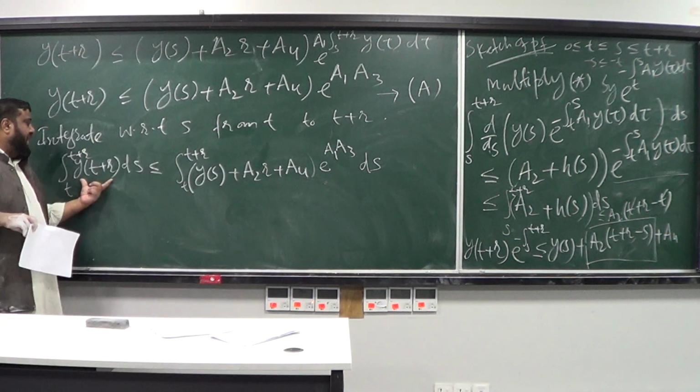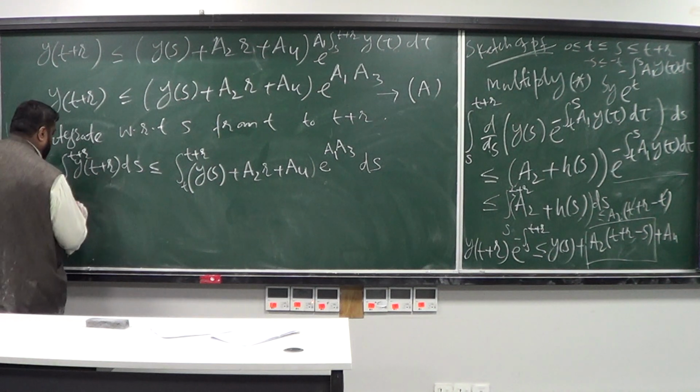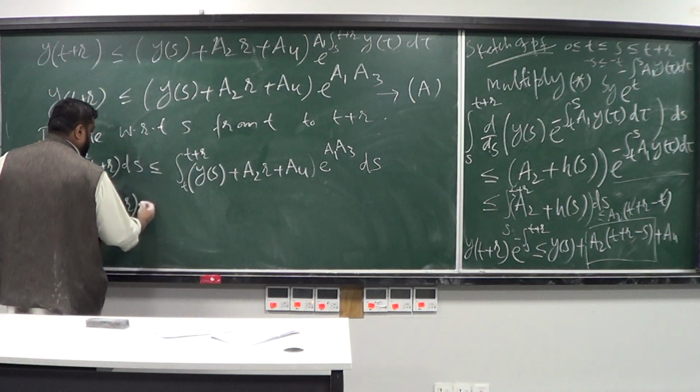There is no s here, so you can pull it out of the integral, and what you get is really the difference of the endpoints, which is going to be r. So you're going to have r times y of t plus r.